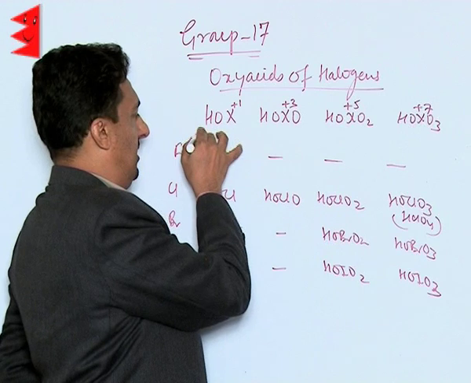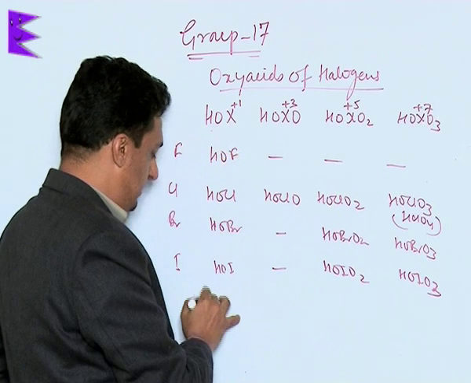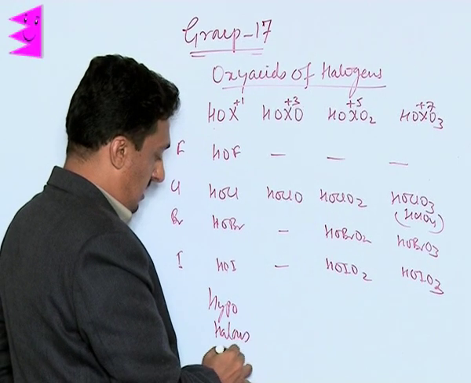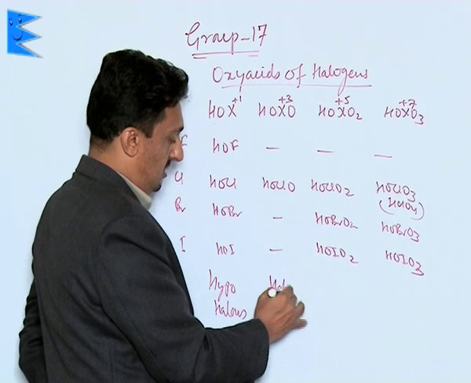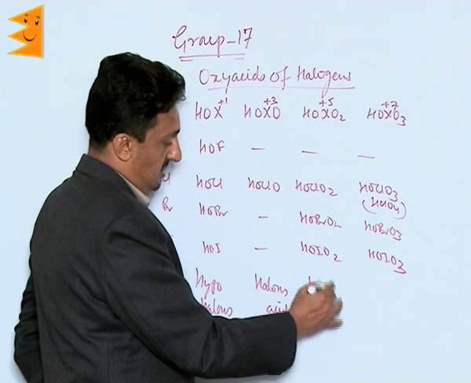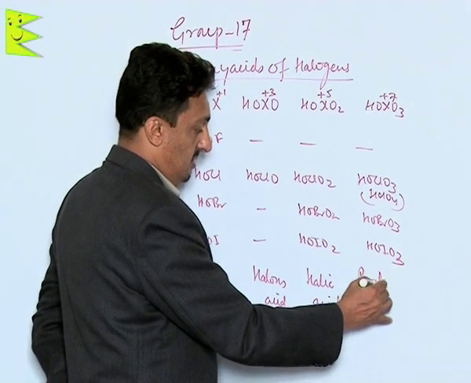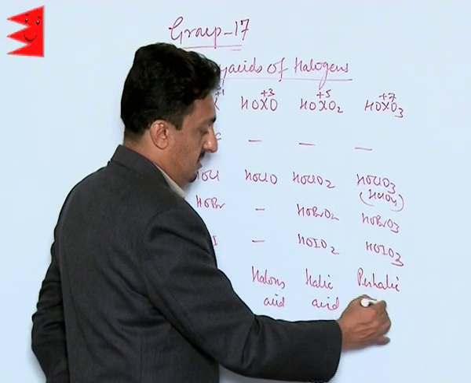Let me write down the name here. The general name is hypohalous acid. It's called halous acid. It's called halic acid, and it's called perhalic acid.